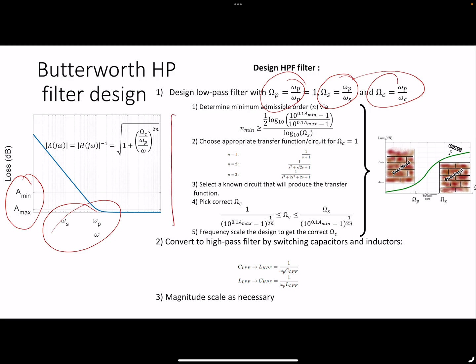We're going to design a low-pass filter. Once we design this low-pass filter, we're just going to convert it back into a high-pass filter via this formula. And that was basically what we did. Is this clear to everyone? Yes?